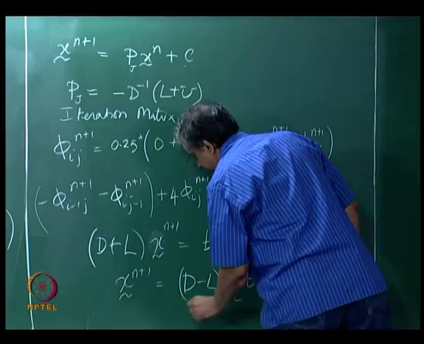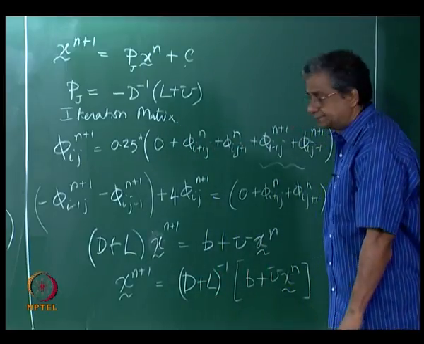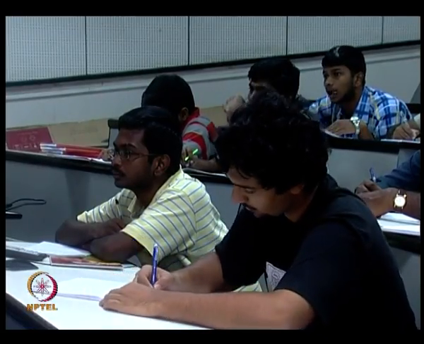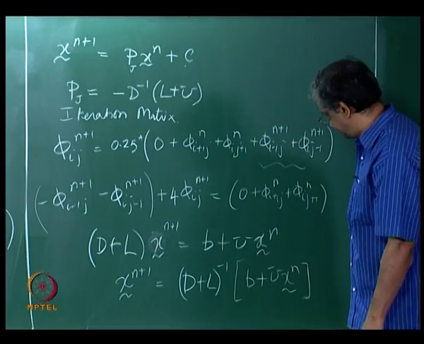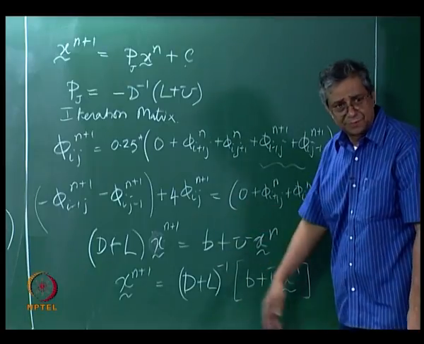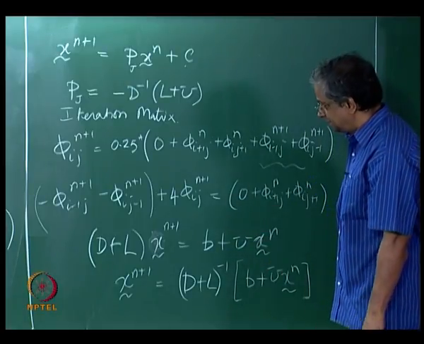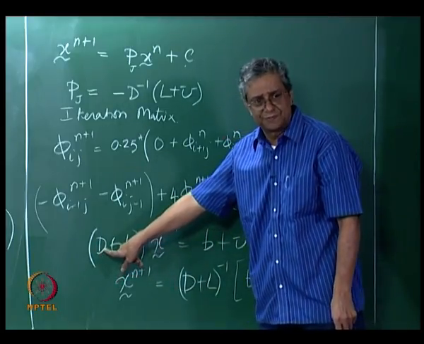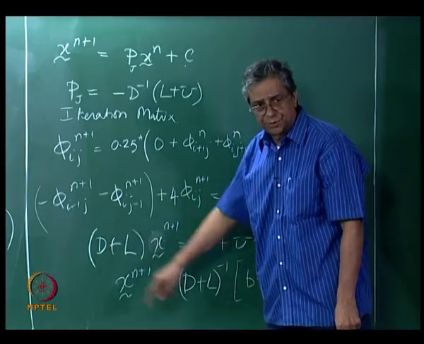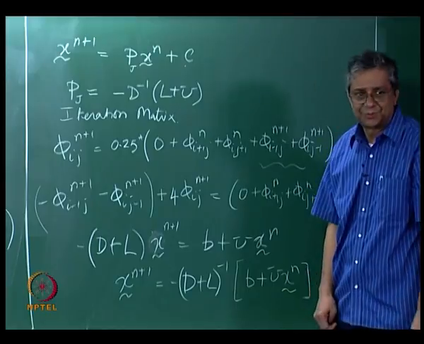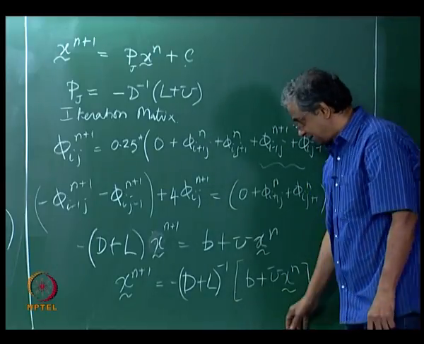D plus L. Because the signs are right. The diagonals and the off diagonal terms are of opposite sign in the original matrix. So from the original matrix this is actually minus of D plus L, and this is okay. You have to be a bit careful. Okay, that's fine.